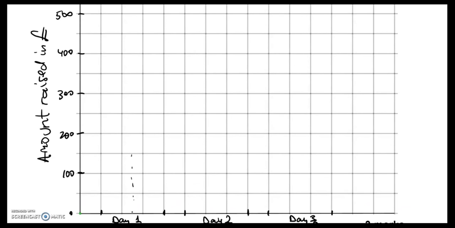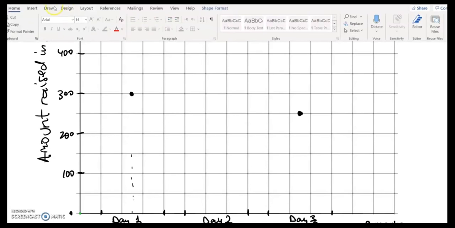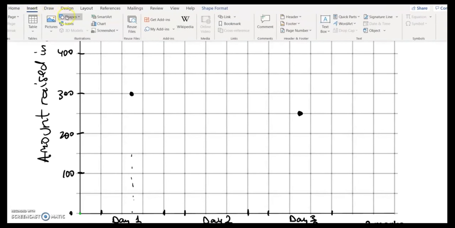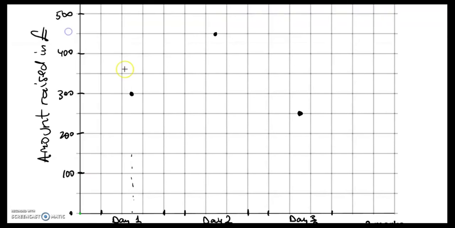So I'm going to go through in the middle and put a dot here. And then in day 2 it was £450. And then in day 3 it was 250. We'll connect these dots with straight lines, and you can use a ruler and pencil when you do it on paper.